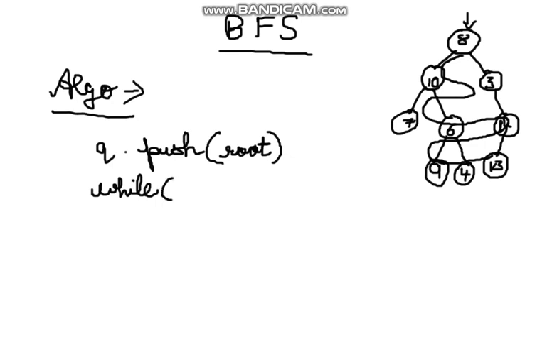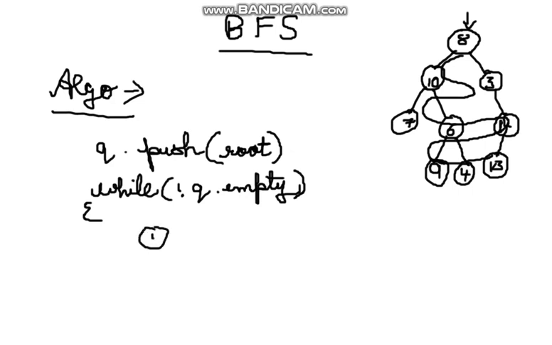Right. So I am just writing that algorithm: while not queue.empty. We will run this loop until the queue is empty, that is, all the nodes of the tree are covered.